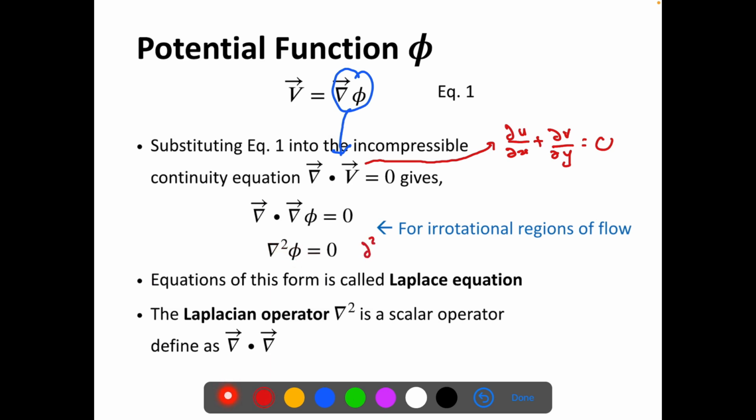If I expand, you have d squared phi over dx squared plus d squared phi over dy squared plus d squared phi over dz squared equals 0. This equation we call the Laplace equation. I explained it earlier in the lecture.